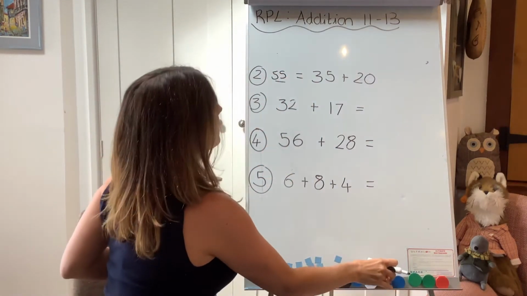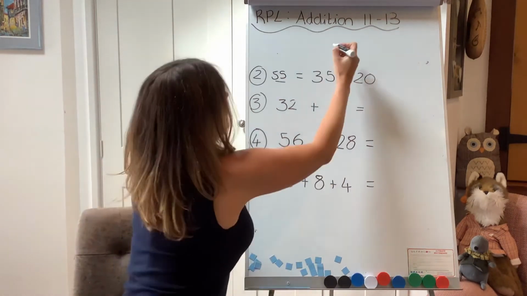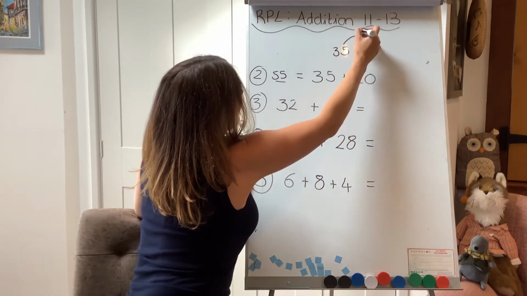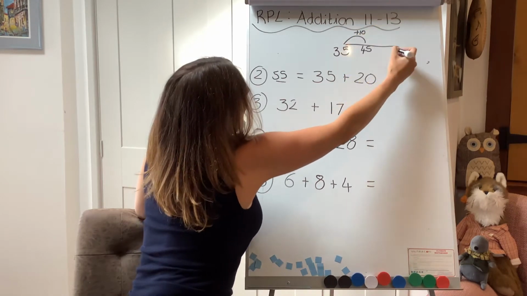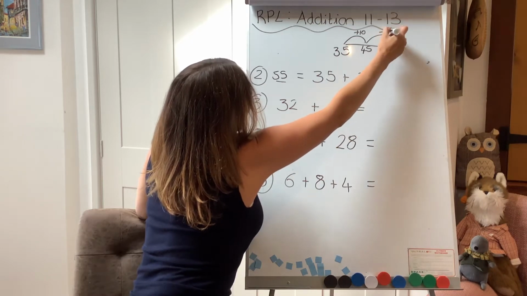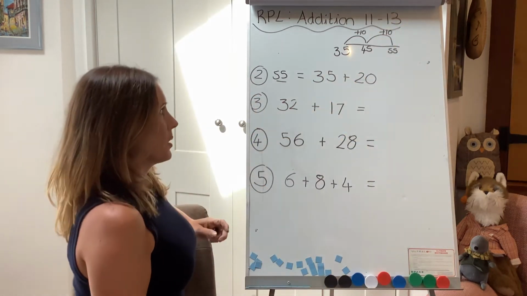You may have used a number line to help you. You may have started at 35 and added on 10 to get you to 45, added on another 10 which would get you to 55, and you would get 55 also.